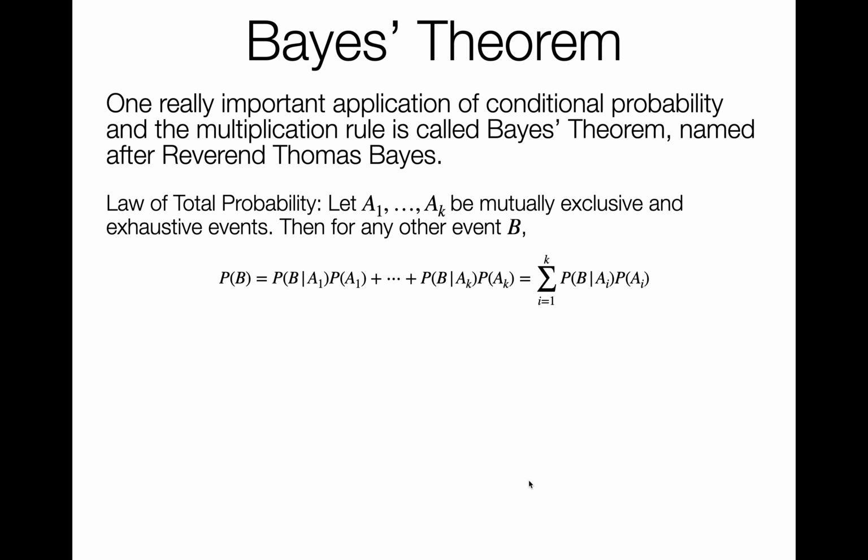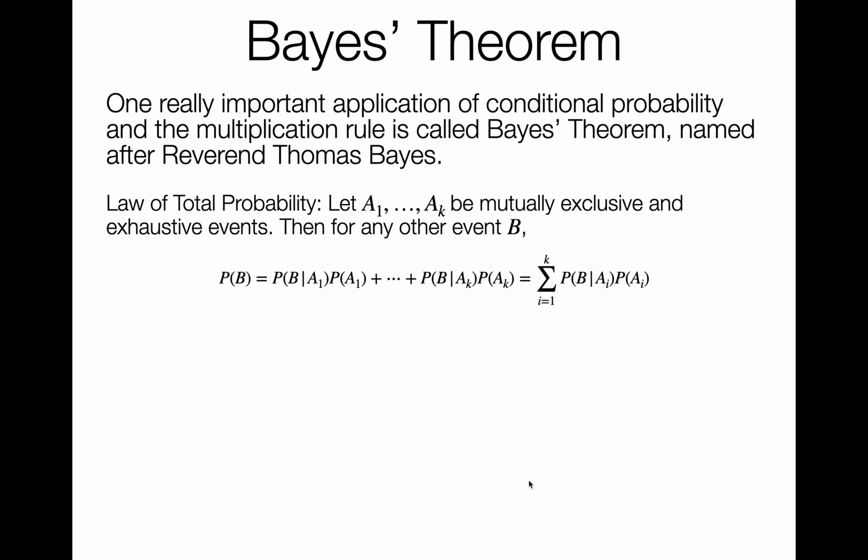So what are the important parts? You have these K events, A1 through AK, and they have to be mutually exclusive. By mutually exclusive, we mean that they cannot share any common outcomes. They're disjoint, which means they don't overlap in a Venn diagram sense.